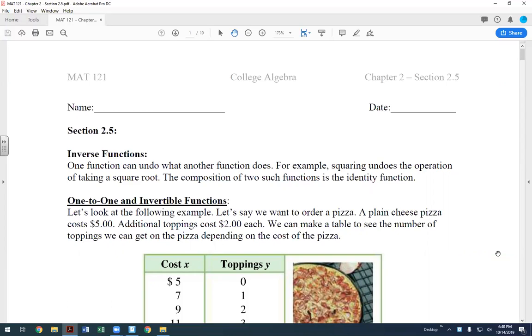What would be the inverse function for a cube root? A cube. Yeah, because a cube will undo what a cube root did, or vice versa, right? A cube root is going to undo what a cube did. Just like with multiplication, your inverse would be division, and of course that relationship also is vice versa.